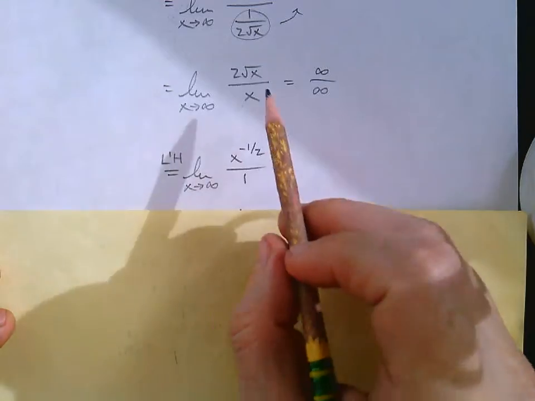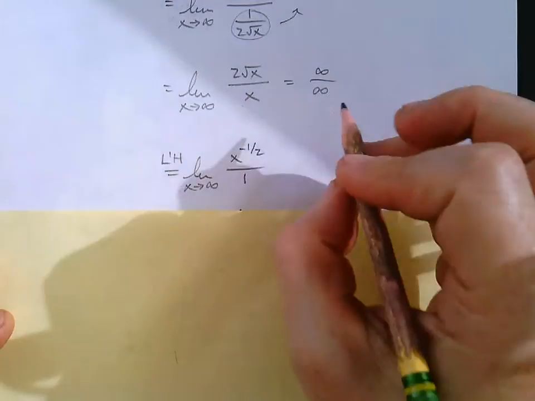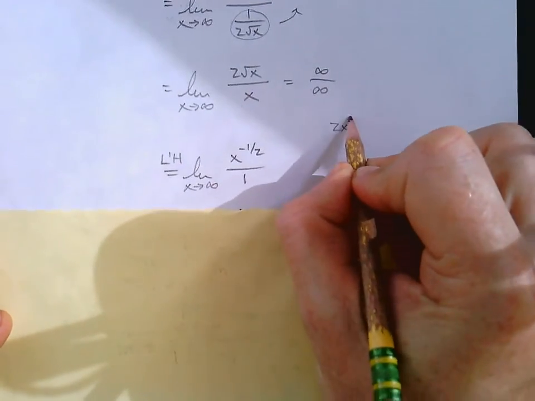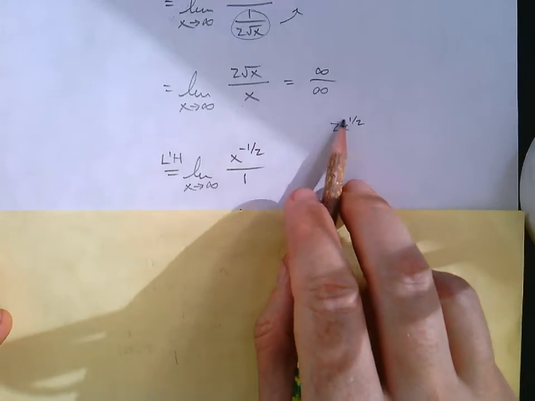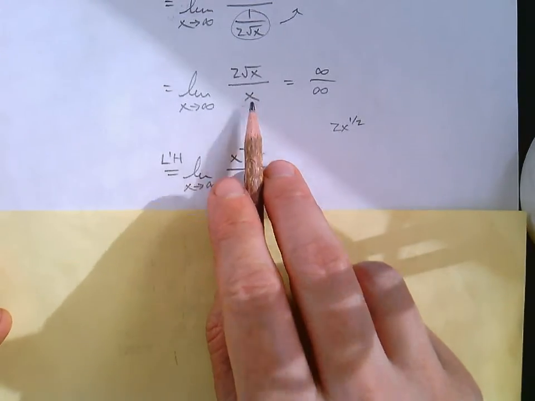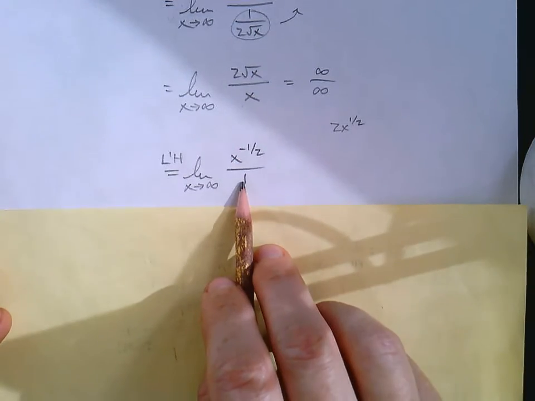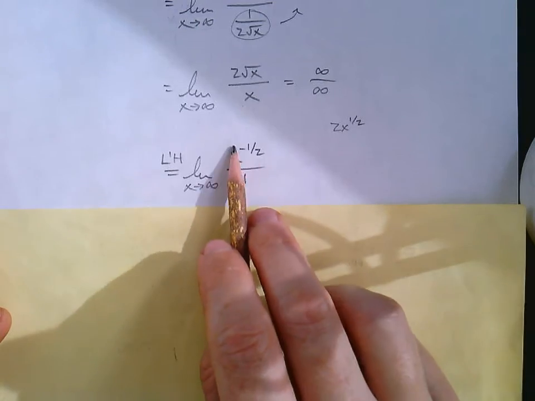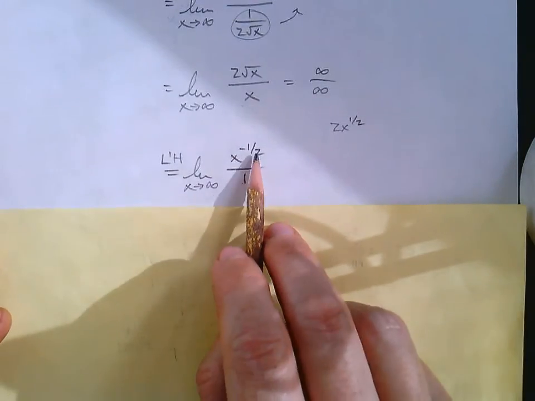Okay, so here's the derivatives. Right, 2. This came from, of course, 2x to the 1/2. That derivative, well, the 1/2 and the 2 cancel out, and we just get x to the negative 1/2. And then our derivative of x is simply a 1. We don't need that 1. Actually, you know what? Let's simplify this.